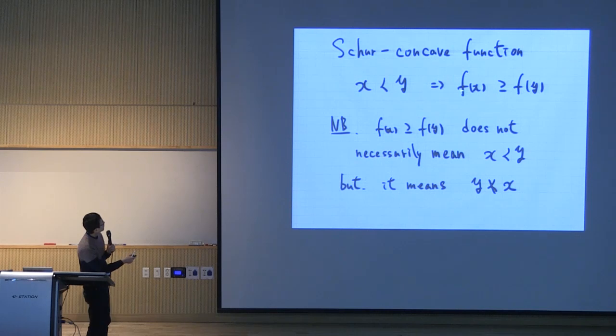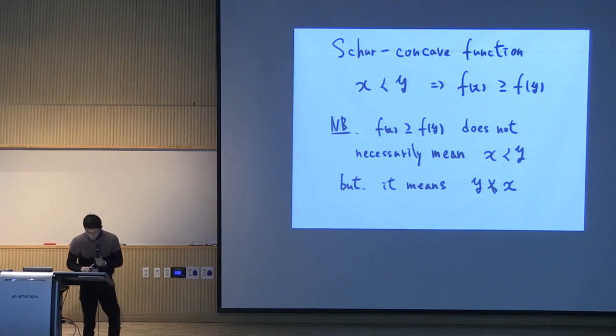So basically, the height function satisfies this condition: if x is majorized by y, then f of x is greater or equal to f of y. So this implies that if f of x is greater than f of y, then it does not necessarily mean that x is majorized by y, but it means that y cannot be majorized by x. So it's a bit tricky.